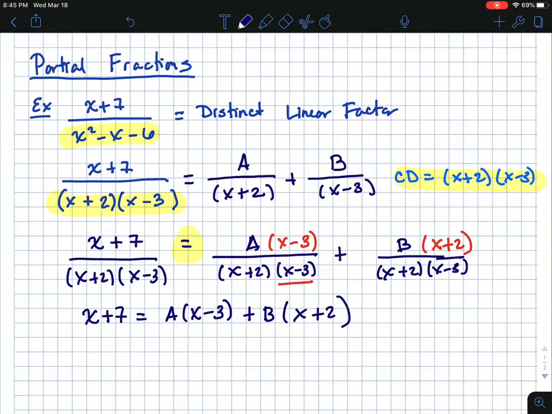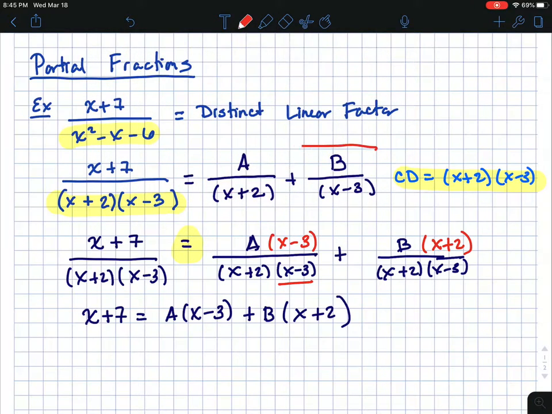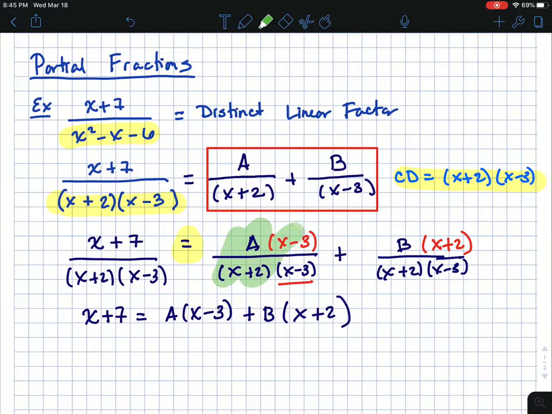Okay? Now, looking back up here, this is the form that we are going to want our partial fraction to end up as, not this down here. We don't want it to end up with the denominators like that.